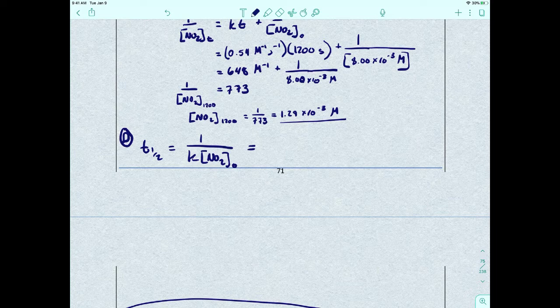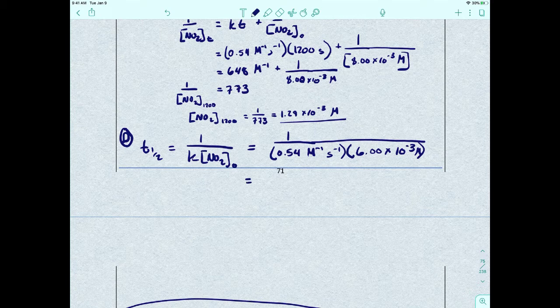The k for this reaction is 0.54 molar to the minus first, seconds to the minus first, times the initial concentration of NO2, which is 6.00 times 10 to the minus third. If we take 1 divided by the product of 0.54 times 6.00 times 10 to the minus third, that gives us a half-life of 309 seconds.